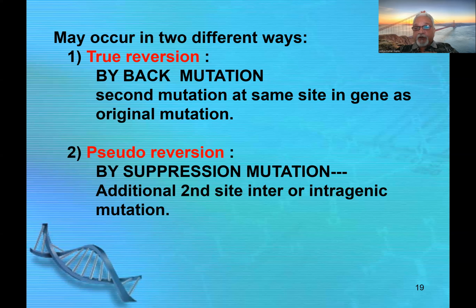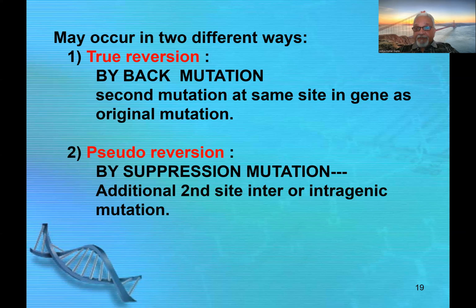So in pseudo reversion, you see the continuation of the original mutation in the cell as it is, but a second mutation takes place, and that second mutation is such that it suppresses the previous mutation.